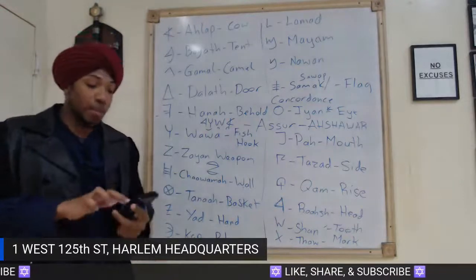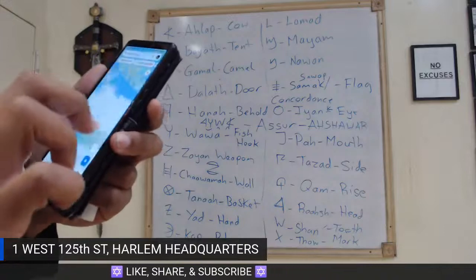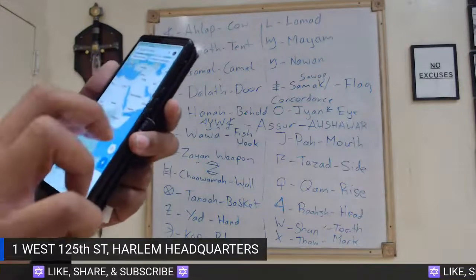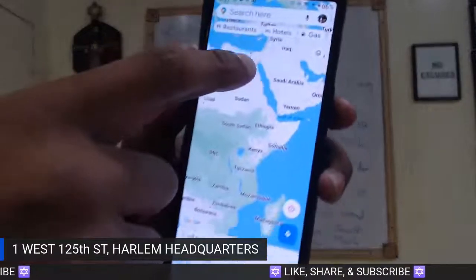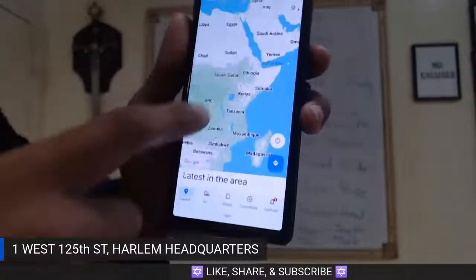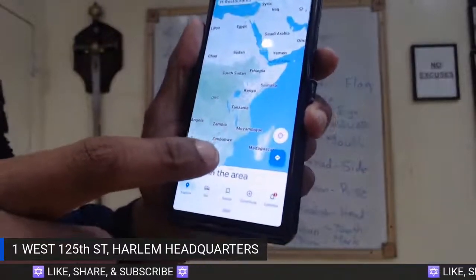Let's see if we can get it on a map right here. Here's the map. And the scripture was so correct about the Nile River too, because that Nile River starts from here and goes all the way down. They started naming it Queen Victoria's River, Albert's River.